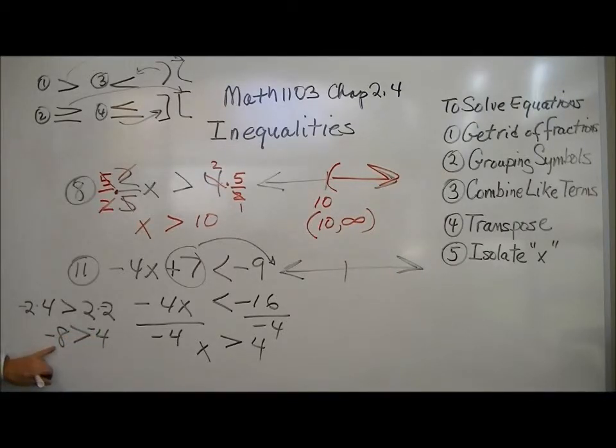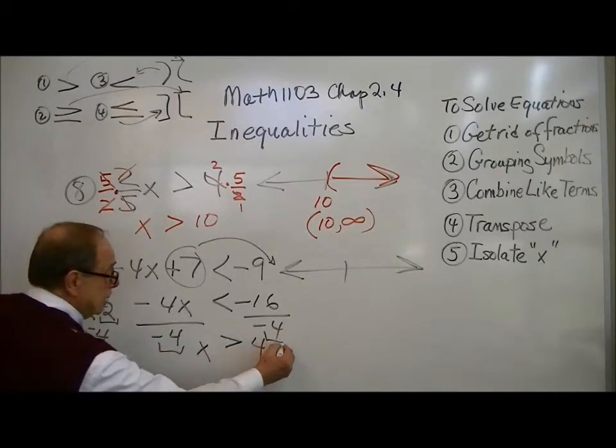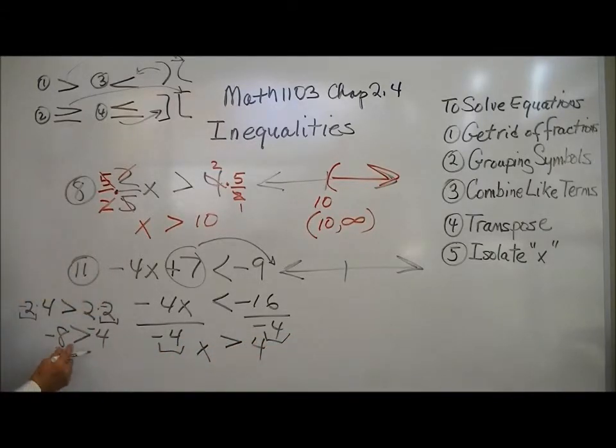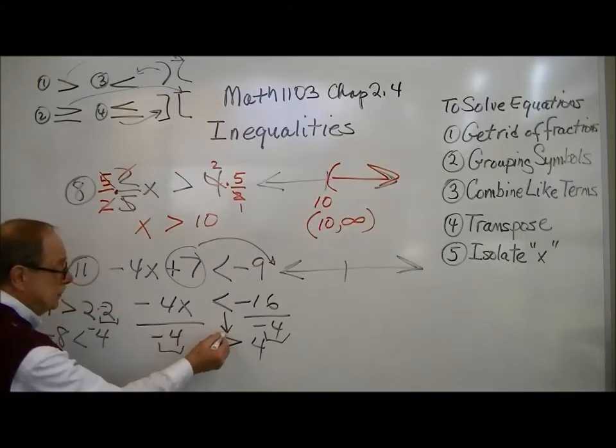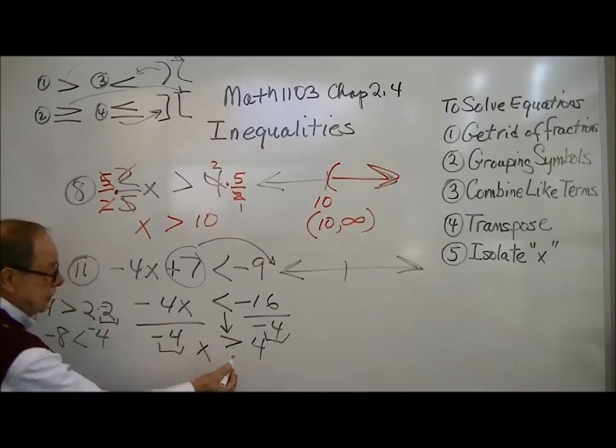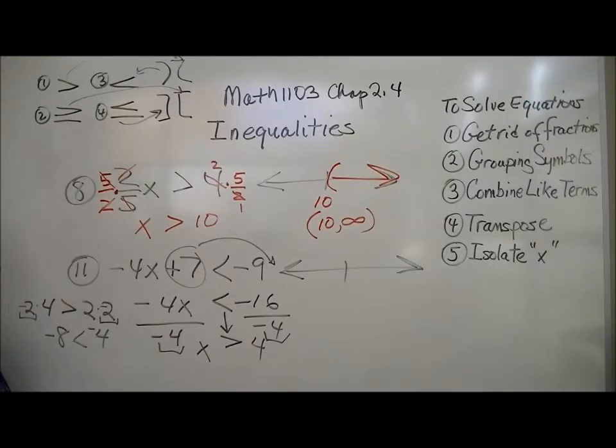Is a negative 8 greater than a negative 4? And the answer is no. So in order to keep this statement true, if we're multiplying or dividing by a negative, which is what we're doing here, we have to reverse this sign. Now it's true. So that's why I had to reverse that sign in order to keep a true statement.